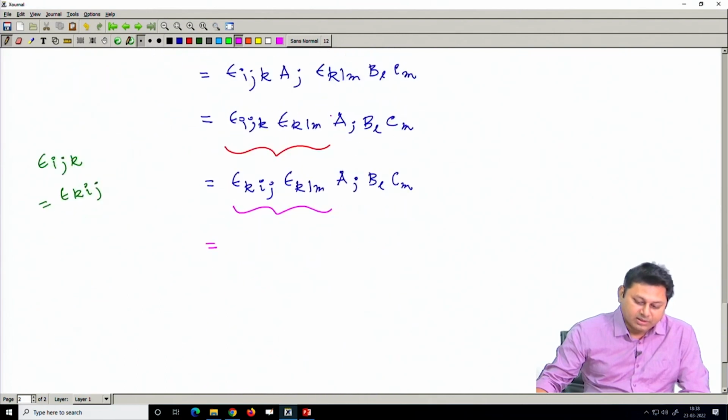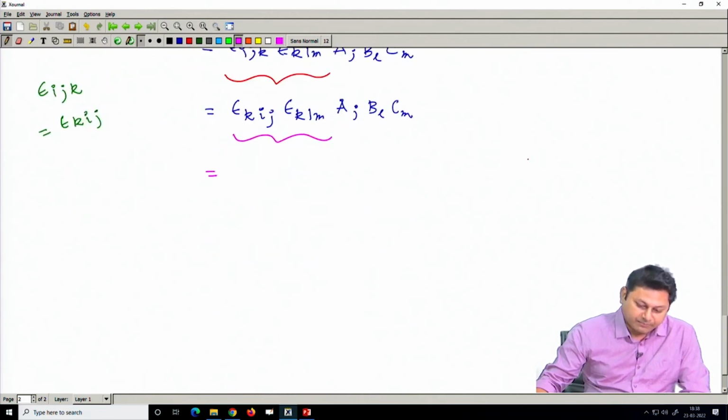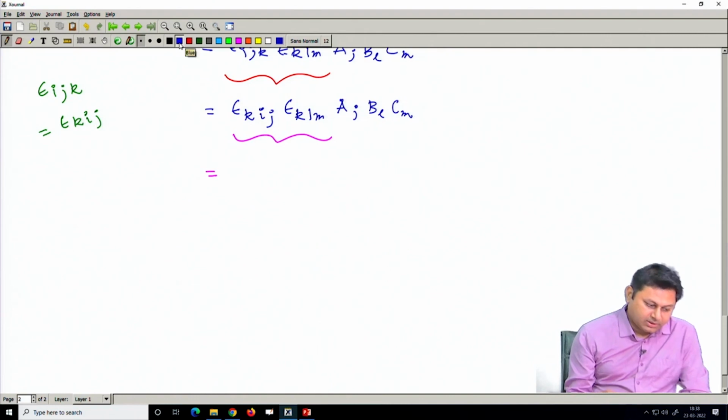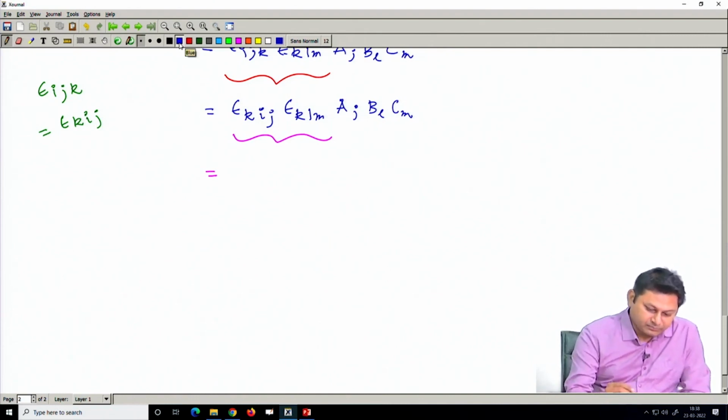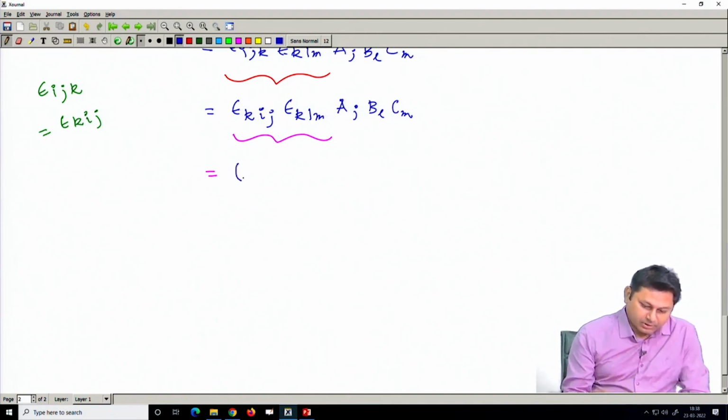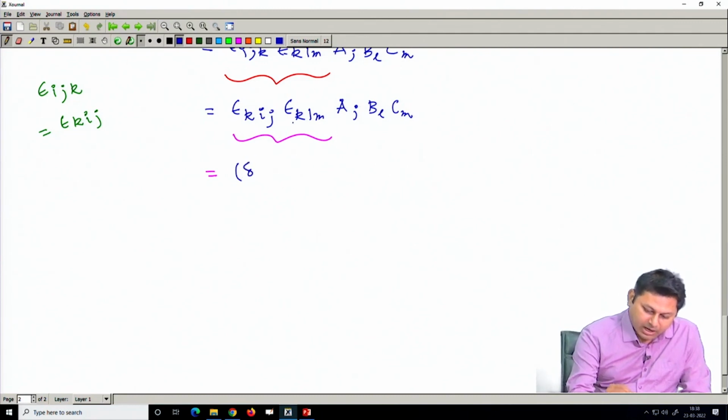So, I am going to expand this, and it should be delta I L, because the k is here, then delta j m minus delta I m delta j L, and the rest of the term.